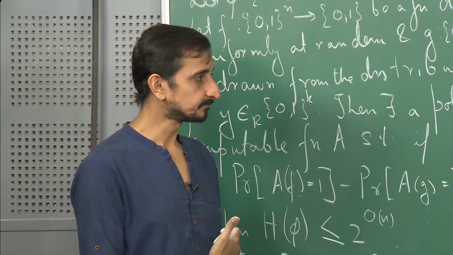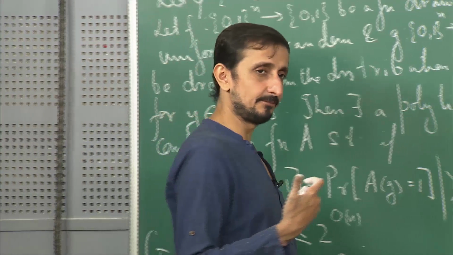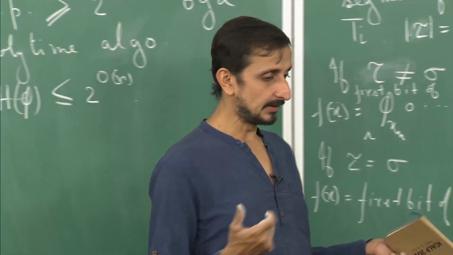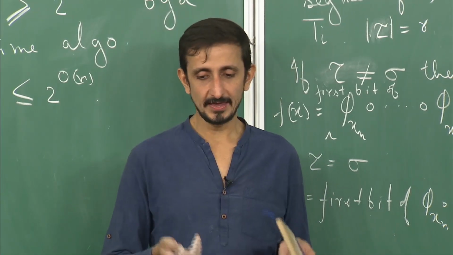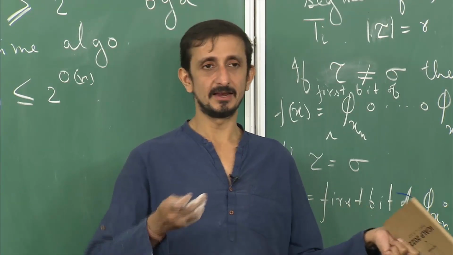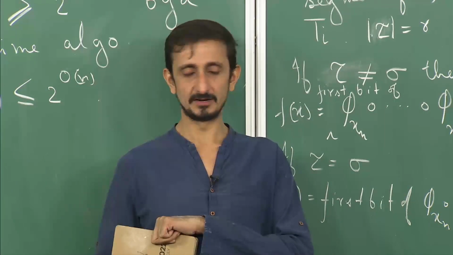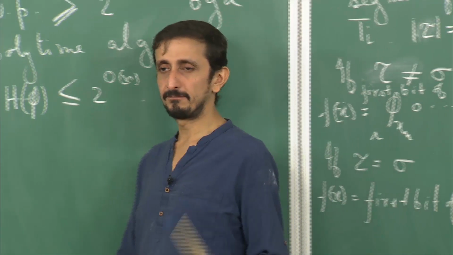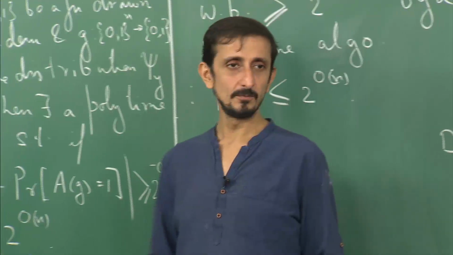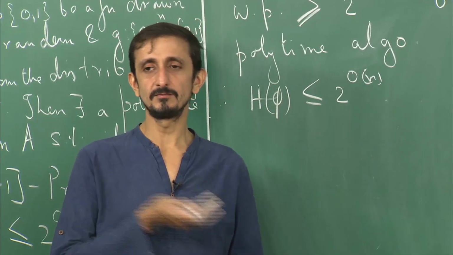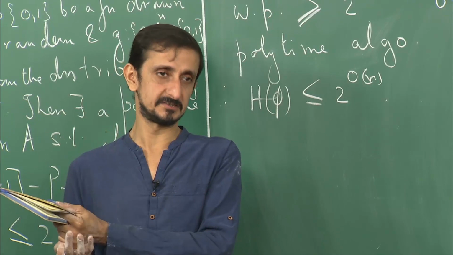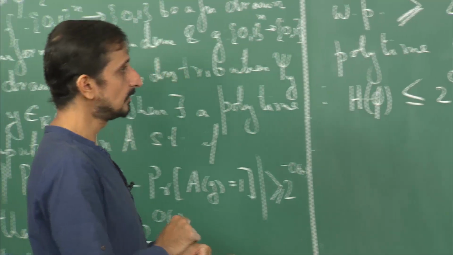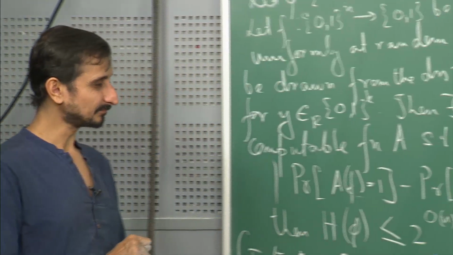Then we saw Subbotovskaya's theorem. Suppose I have a function and I look at a random restriction of this function, what is the connection between the depth lower bound for the original function versus the depth lower bound for this restricted function? That connection was given by Subbotovskaya's theorem.